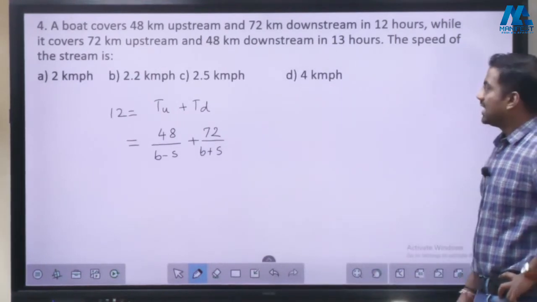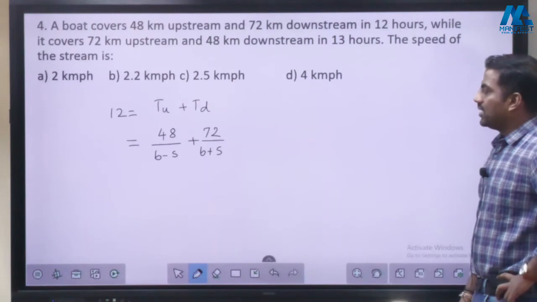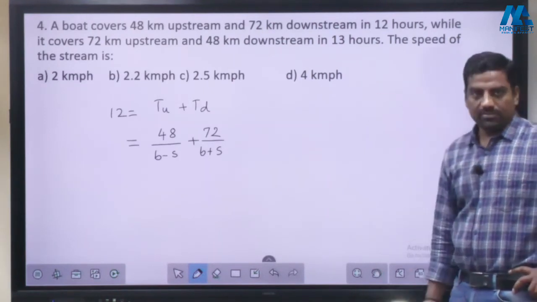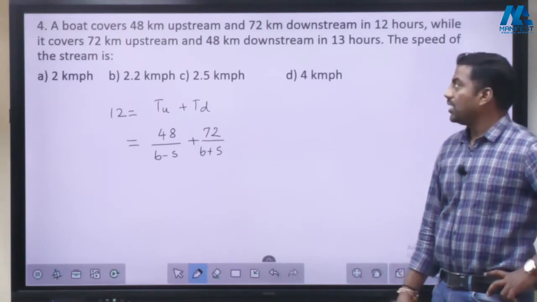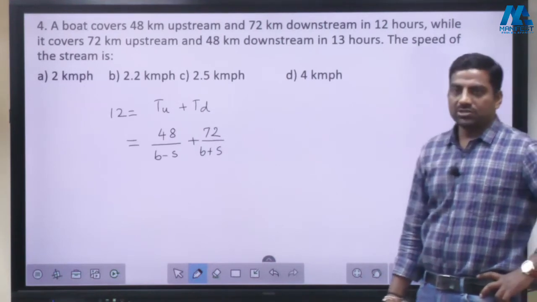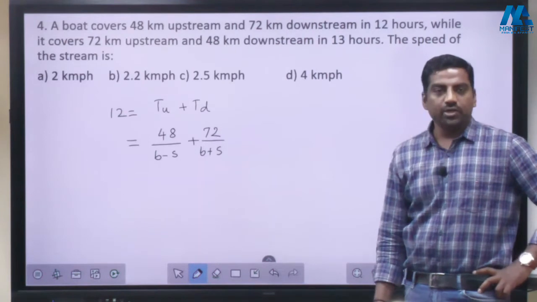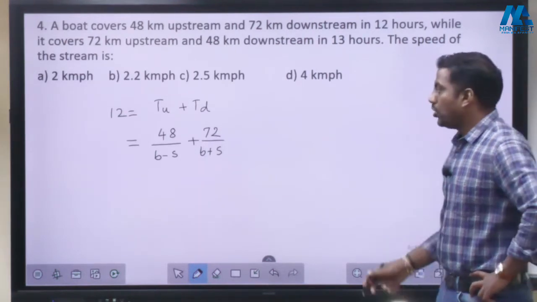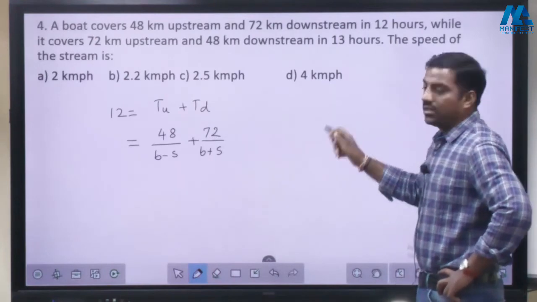Yes. Next sentence. While it covers 72 kilometer upstream, they are reversing the scene. Earlier 48 kilometer upstream and 72 kilometer downstream. Now they are making 72 kilometer upstream and 48 kilometer downstream. So how do you write the equation? Right? Let's see.